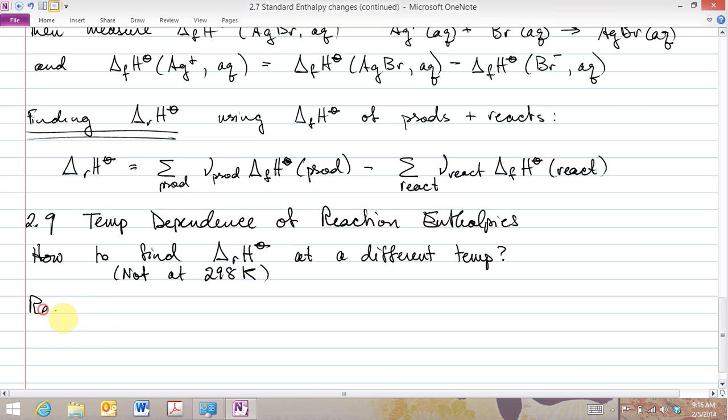Recall the following. The change in enthalpy is equal to the integral of the heat capacity at constant pressure.